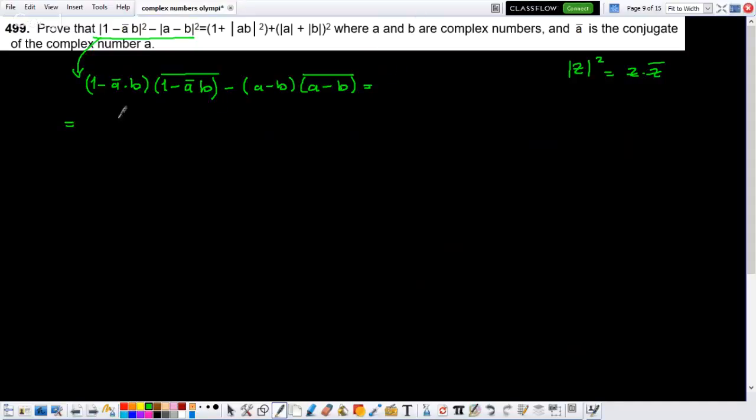We are going to continue with this one because we are going to try to get the other side.